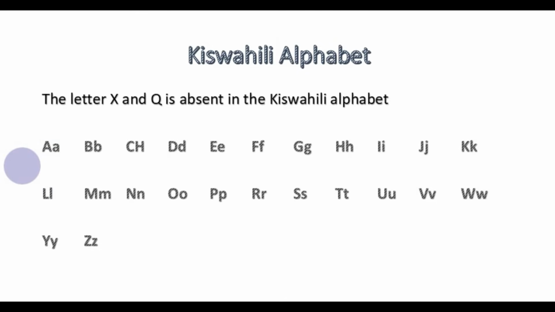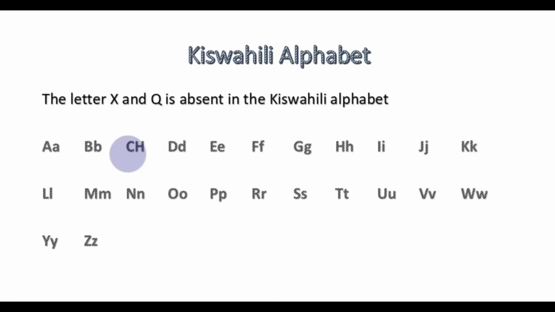I'm going to use some of the consonants with a vowel combination of A. So this is A, pronounced as A. This is B, and with an A vowel, Ba.